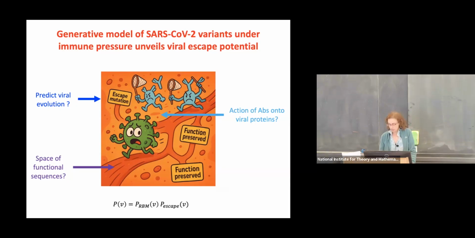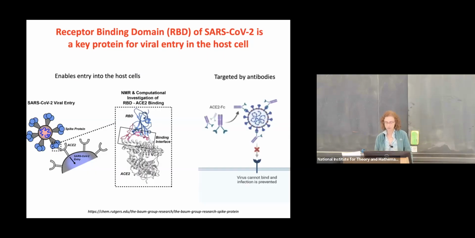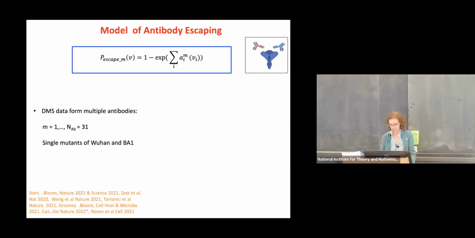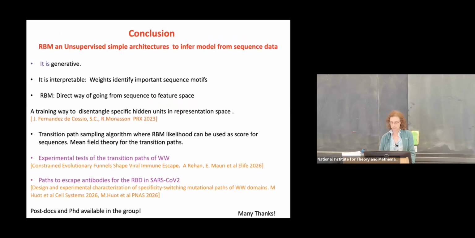I will not go through this, but just to say that this RBM can also be applied to longer proteins with many different functions which can evolve with time. We have also tested this protein with experiments. And we have used the mean-field theory a lot in this case.